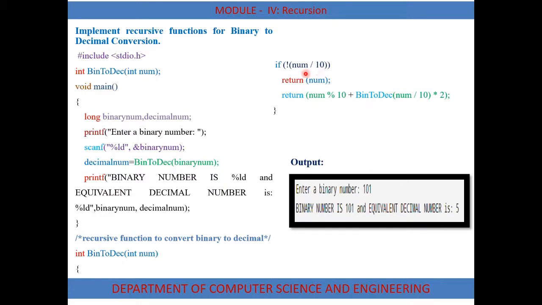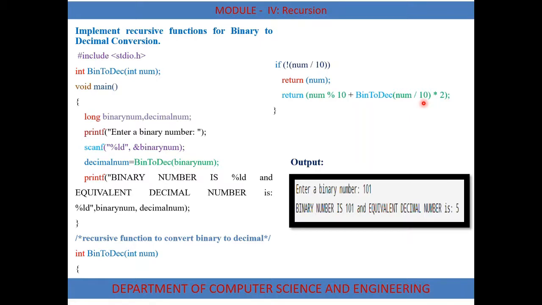Go to the next statement and execute return of num modulus 10 plus binary to decimal of num divided by 10 into 2. That is return of 101 modulus 10 plus binary to decimal of 101 divided by 10 into 2.